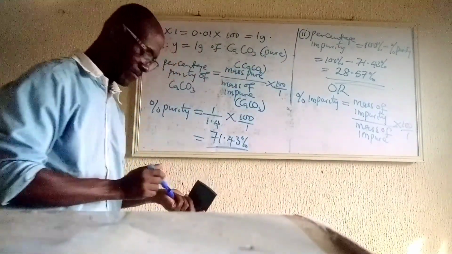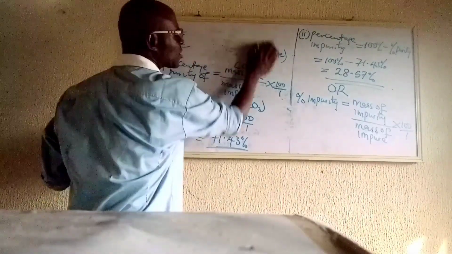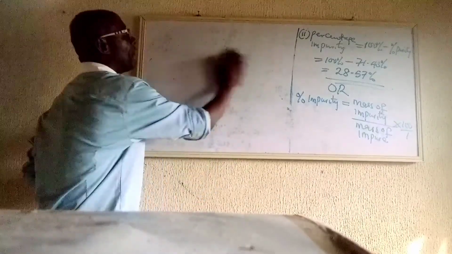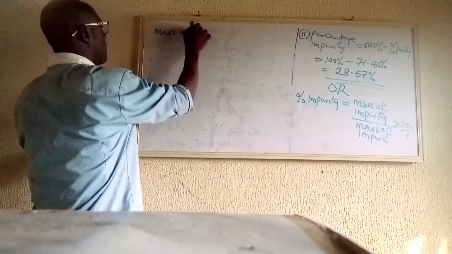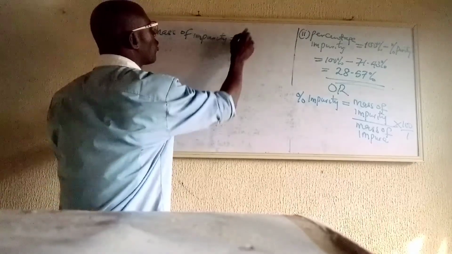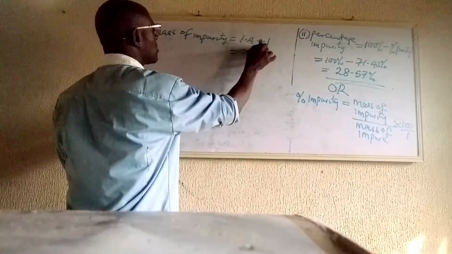Okay. How do we get mass of impurity? Mass of impurity will be equals to 1.4 minus 1, which is 0.4 grams.